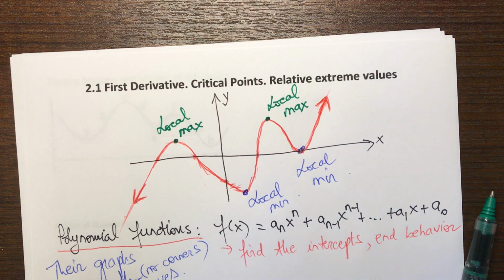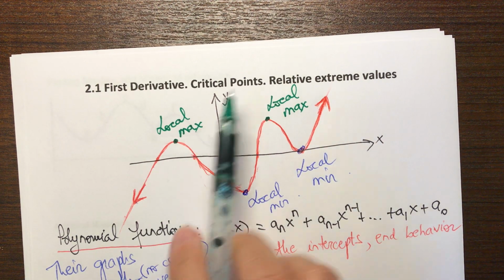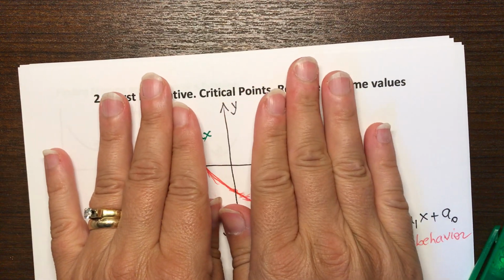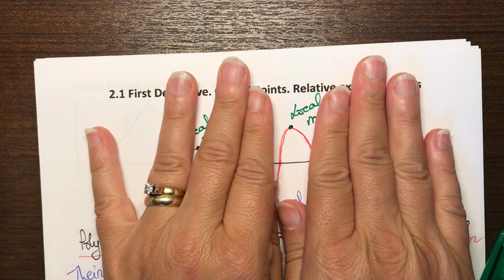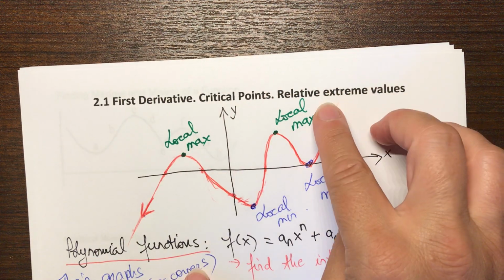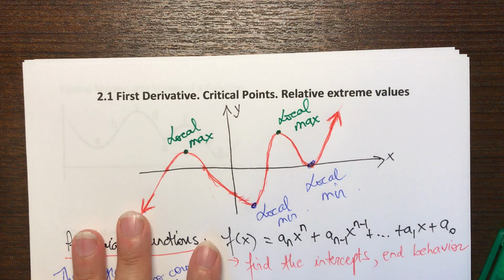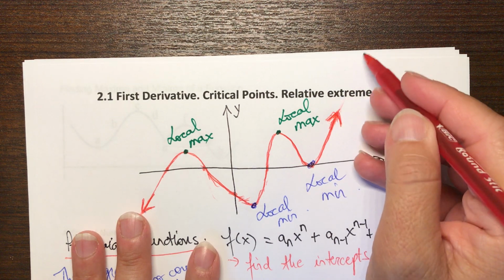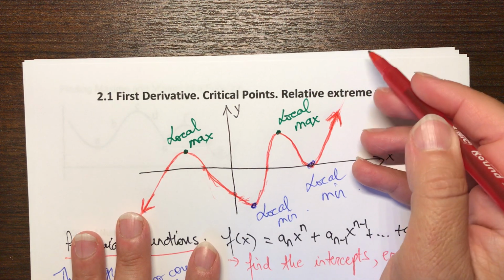Absolute means the highest point on this graph. So even though we have some maximums in their area, there is no highest point on the graph, period. Why? Because this graph is stretching on forever and it goes up to positive infinity, yes?